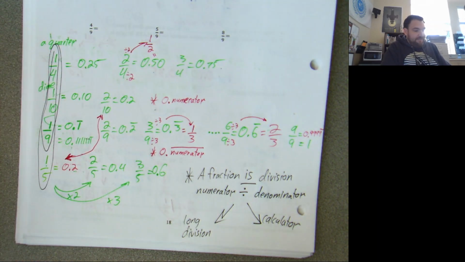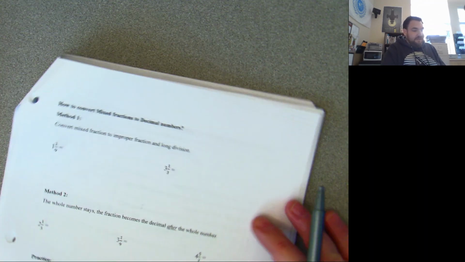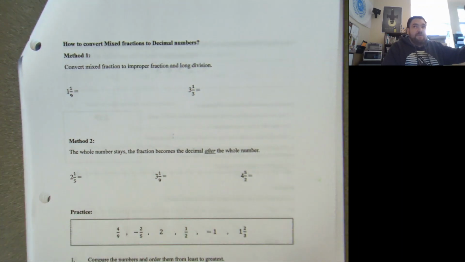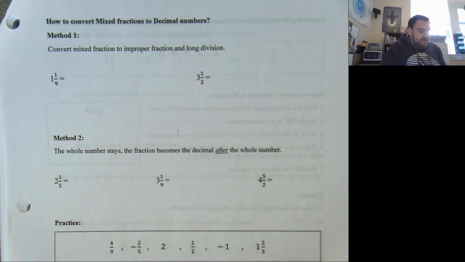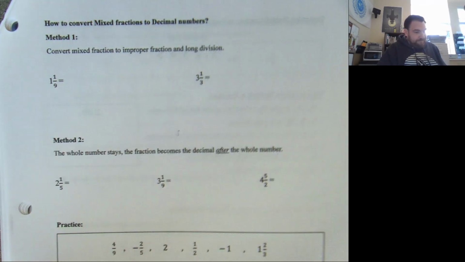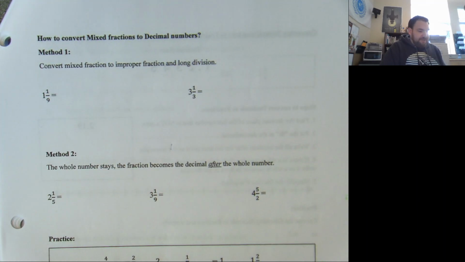Okay. So, this is going to make the next step easier. Flip the page. What if we don't have just decimals or just fractions now? Now what we've got is decimals. I know, right? It's awesome. I have mixed fractions. I want to turn those into decimals.